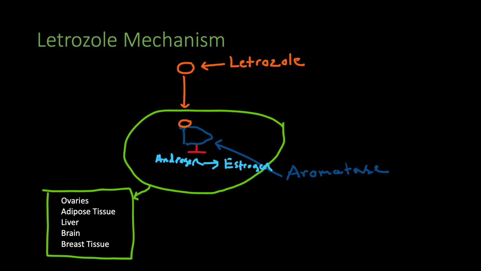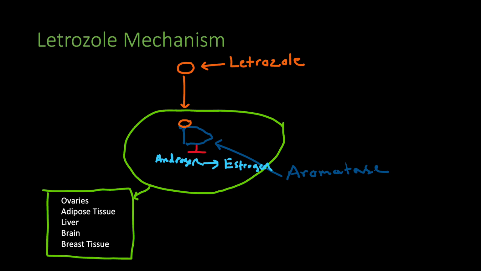And when it does that, it increases the FSH and LH and ultimately stimulates ovulation. So this is where pregnancy would mostly occur through this mechanism.